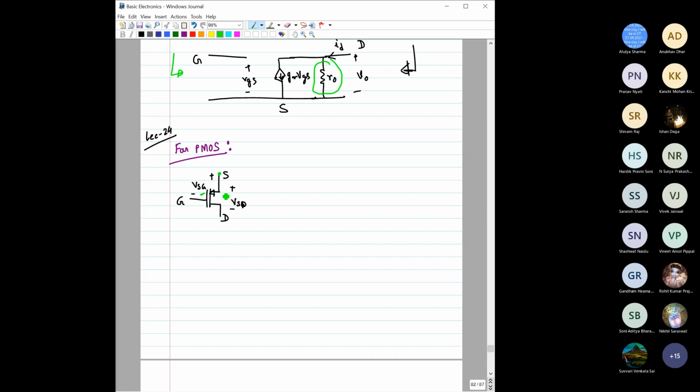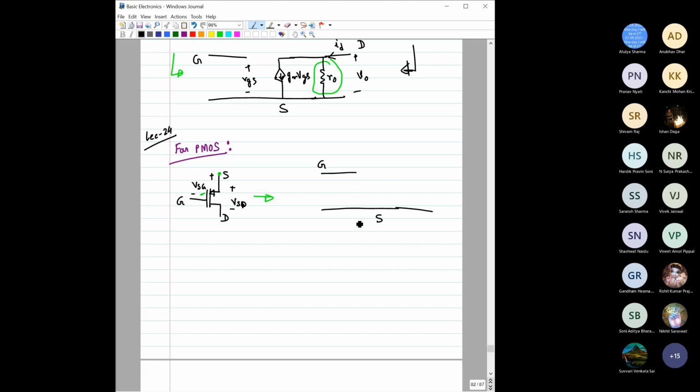You can correlate this with what we have already studied for the bipolar junction transistor. From here, we can easily draw the small signal equivalent circuit of this P-channel MOSFET. So this is the gate, and the other terminal is the source.